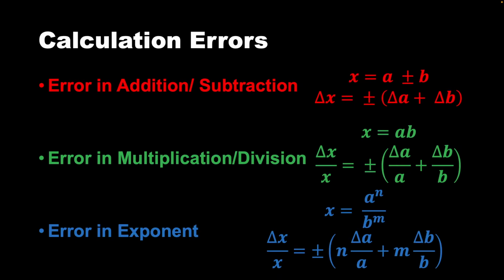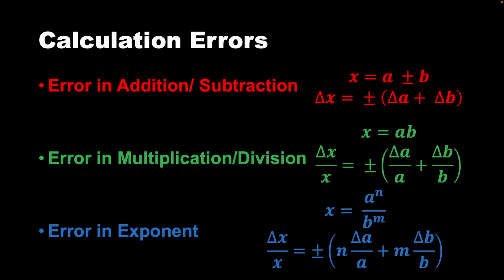Here delta x is the range of error, so the maximum error would be delta A plus delta B, and the minimum error would be minus (delta A plus delta B). The measurement error will lie in this range.